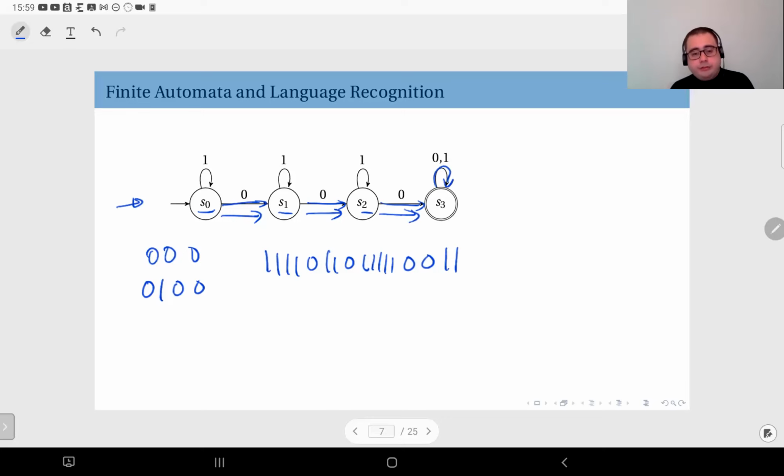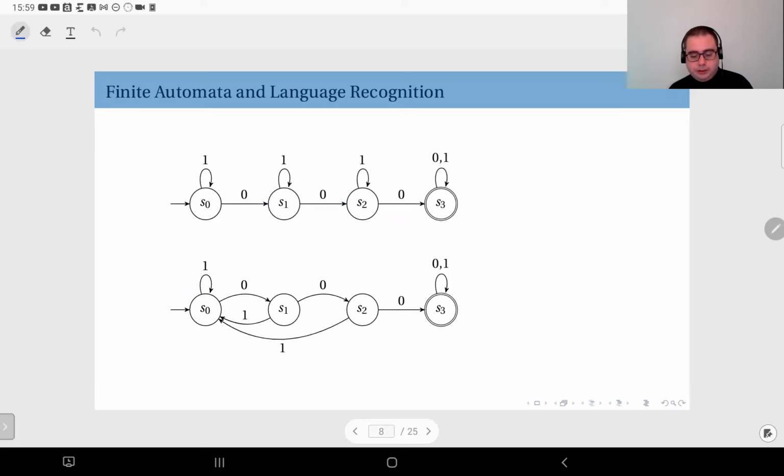And then when you reach S3, you don't leave S3. So you can have more than three zeros. And the number of ones doesn't really affect whether a string is accepted or not. So the language recognized by this automaton is the set of binary strings that has at least three zeros in them.